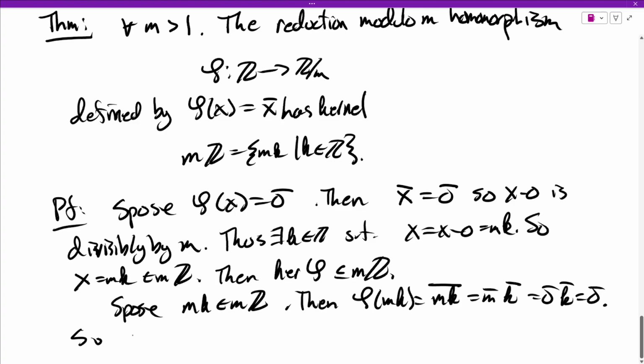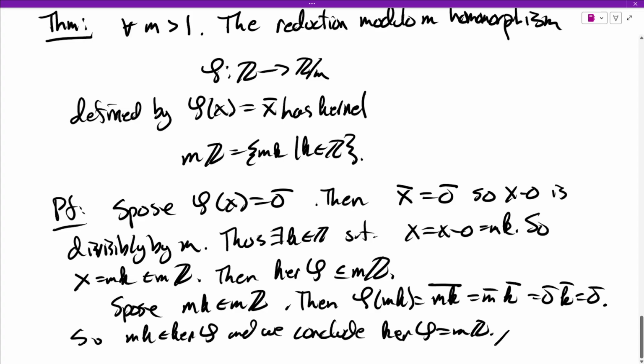So mk is in the kernel, and we conclude that they must be equal to the kernel. Why? We showed a double containment argument, and that's the end. And this is a general fact that we're going to see is true. All ideals are kernels, and we know already that all kernels are ideals, but actually the converse is true.